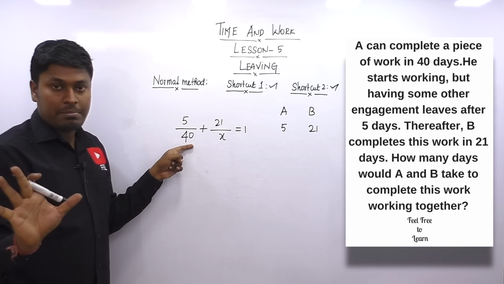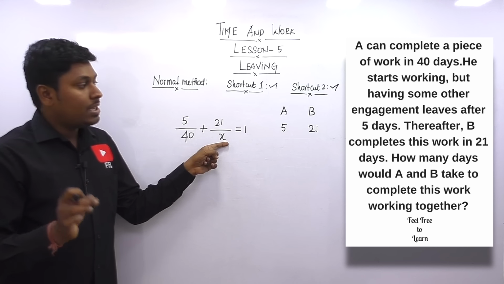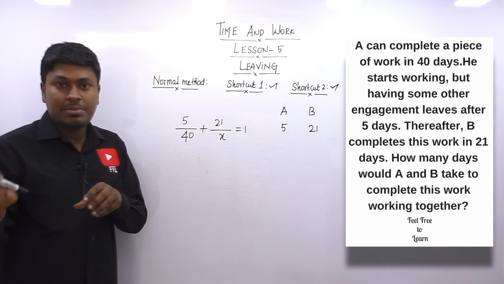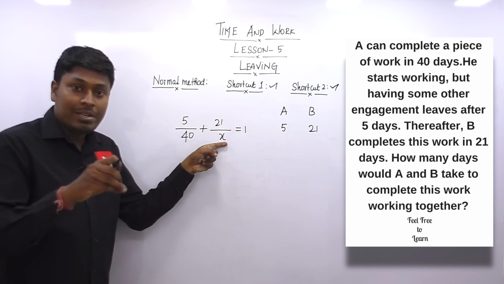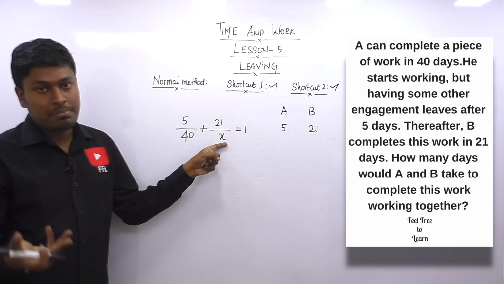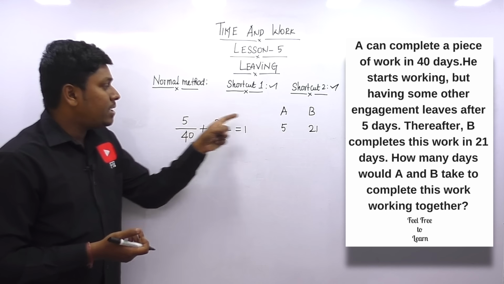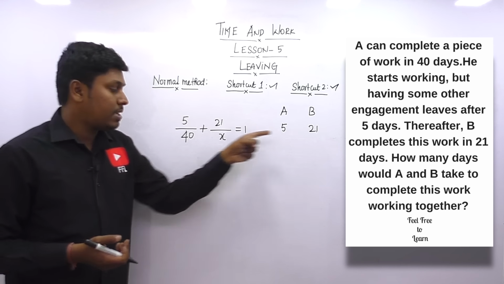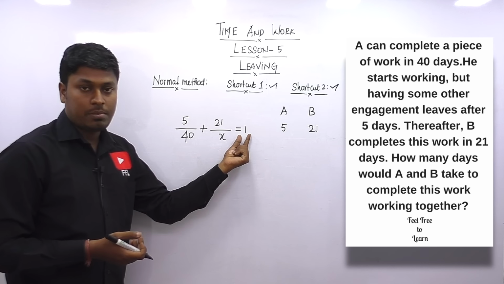But in this question they didn't give anything about B. If they had given how much time B alone takes, you could substitute here. But in this case, they are not talking about how much time B alone takes to complete the work. So let me keep X as the denominator, and the numerator we already know, B worked for 21 days. So numerator is 21, denominator is X, and both of them doing the job equal to 1.